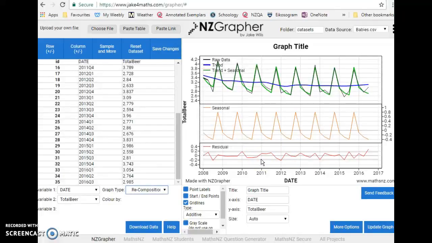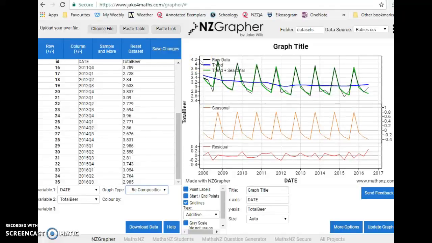The other thing to note about residuals is that residuals are fine. They're not alarming. They're on every single time series, but they are alarming if they're bigger than 10% of the raw data range. So if I look at the range of raw data, it goes from 2.6 to 4.2.